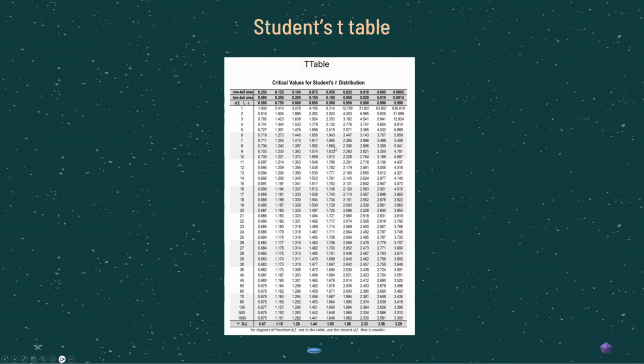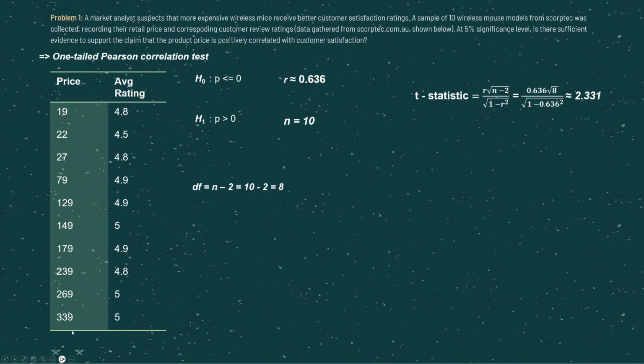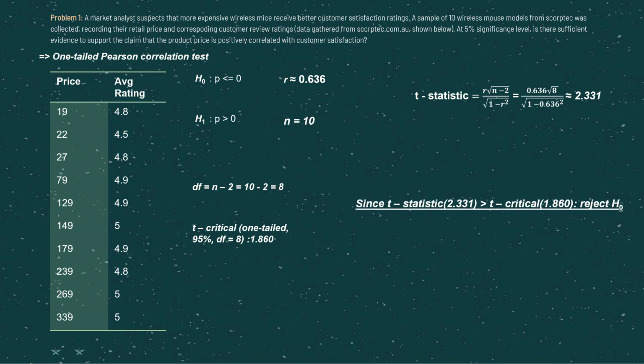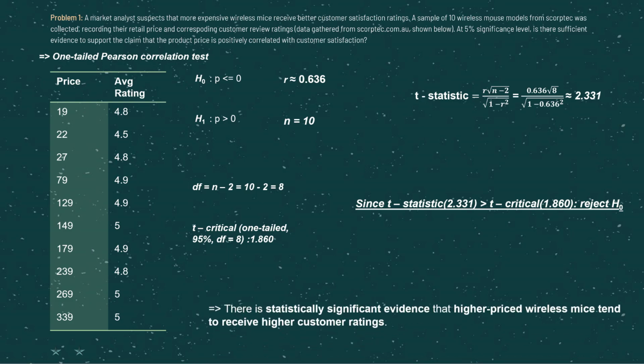It should be 1.860. So here's our t-critical value. Now, since the t-statistic value is greater than the t-critical, we reject the null hypothesis, and we conclude that there is a positive correlation between the price and the ratings.